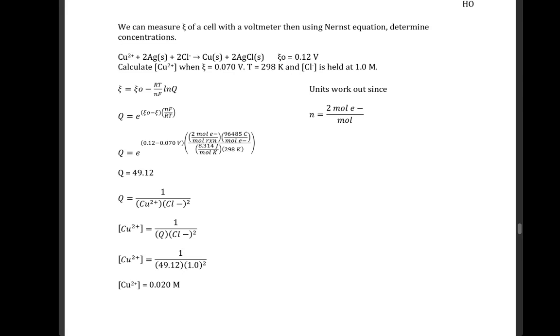And we're given the potential at standard conditions to be 0.10 volts. Calculate the copper 2 plus concentration when the potential has dropped to 0.070 volts. The temperature is 298 Kelvin and the Cl minus concentration is held at 1.10 molar.